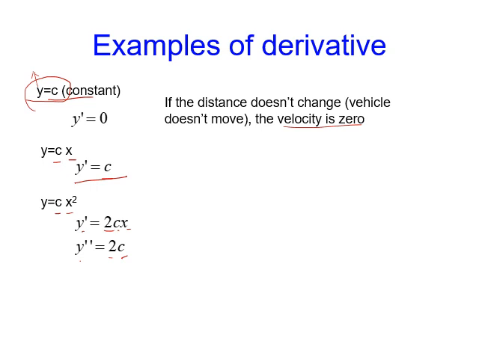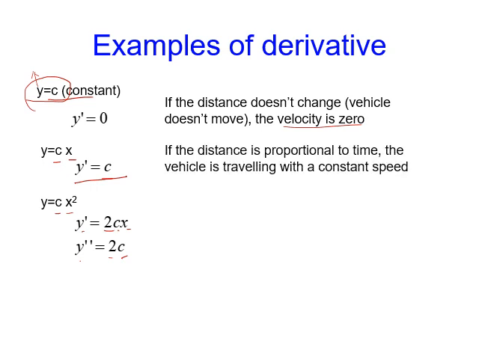So if speed is constant, for example, a vehicle traveling with a constant speed, then the distance will be proportional to time. So the longer time it travels, the more distance it will travel. Distance is proportional to time. x here is the time.